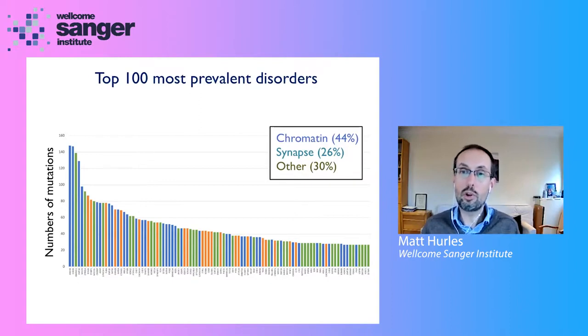Whereas a smaller group is involved in the synapse, which is a particular part of the function of the neurons in the brain, and typically are only expressed later on during neurodevelopment. So just broadly speaking, we can see that some of the contributions to these diseases are probably having an effect very early on in neurodevelopment and some later on in neurodevelopment.